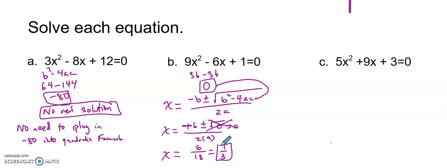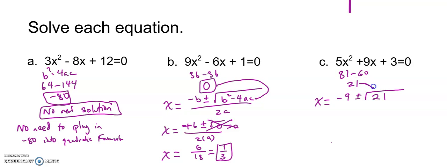Okay, on the last one, I'm going to solve this guy. Again, I would do the b squared minus 4ac, which we already got 81 minus 60, which was 21. Since he's positive, I know I have to keep working into the quadratic formula. I'm going to go x equals negative b, so b is 9, so negative 9, plus or minus the square root of 21.